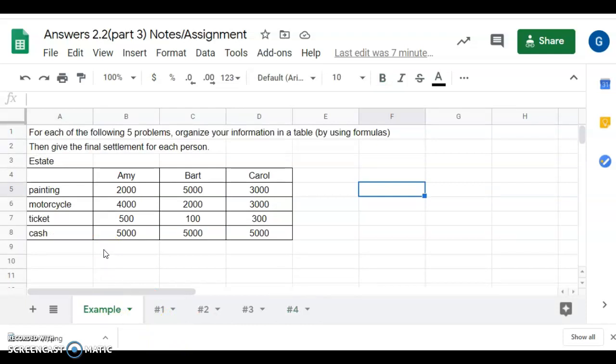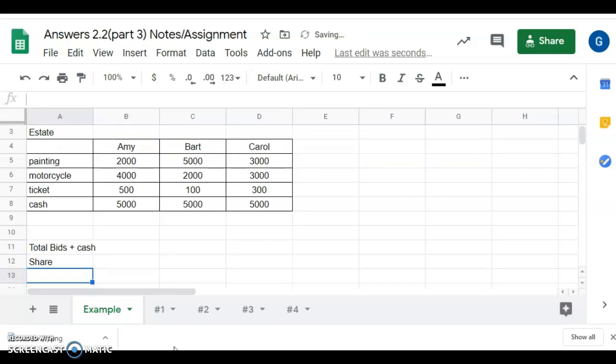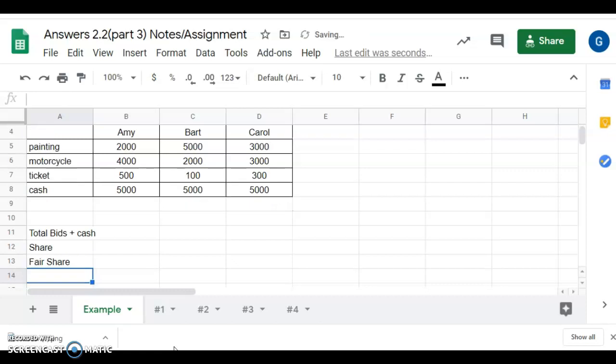Okay, so what we need to do is come up with kind of the titles of all of the rows here. So that first one, we want total bids, and then I'm going to put plus cash. Okay, then we have the person's share. That would be what percent they're getting. Then we have the fair share.